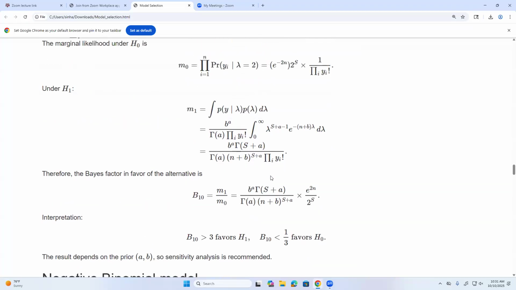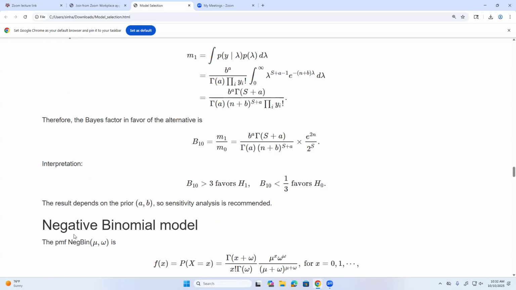If you have two distributions like the Poisson and another Poisson, then you can calculate the Bayes factor very easily. Here, it takes a very simple form, like b to the power a, gamma of s plus a. You can calculate it using your hand calculator, right? And see what happens for your data set.